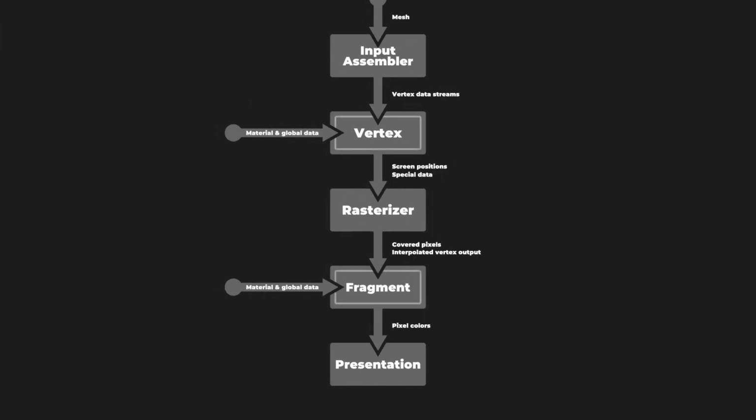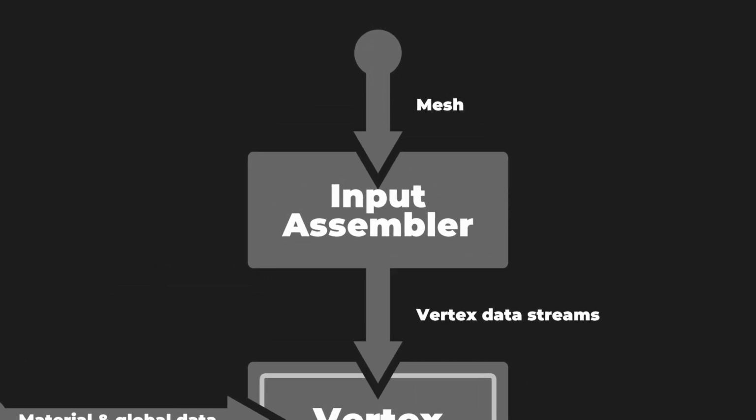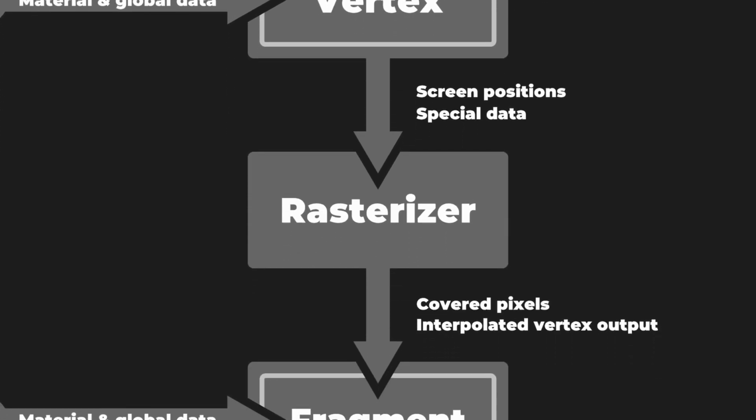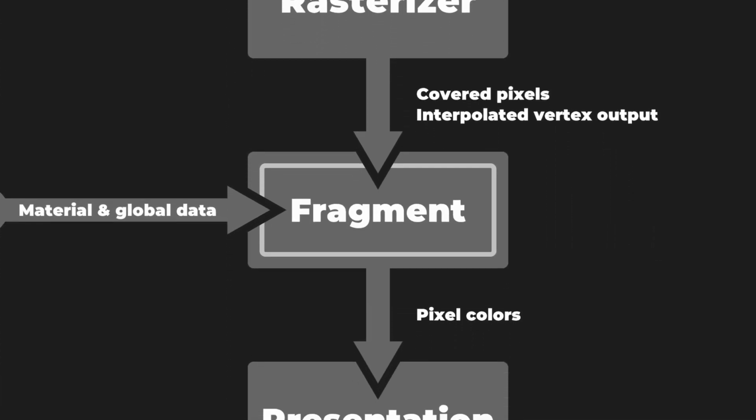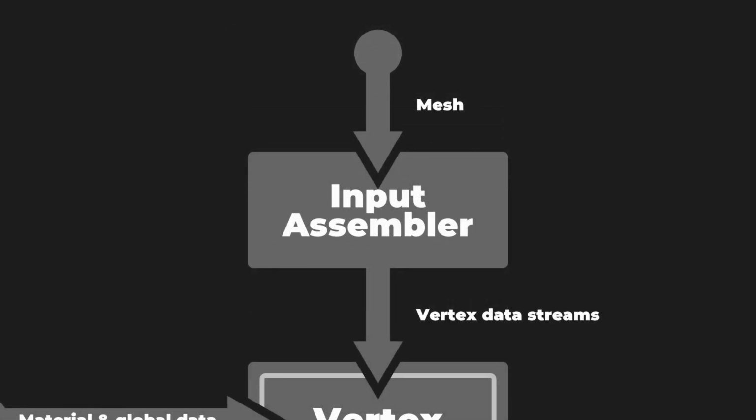There are two special stages, the Vertex and Fragment stages, which are programmable. They run the Vertex and Fragment functions that you write. The other stages are not programmable and run the same code for all shaders, although you can influence them with various settings. Let's take a look at each stage, starting at the beginning, the input assembler.